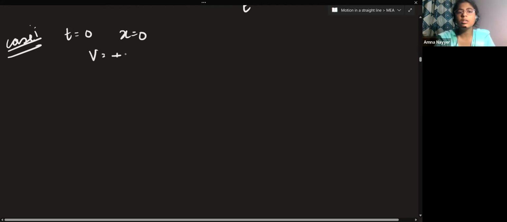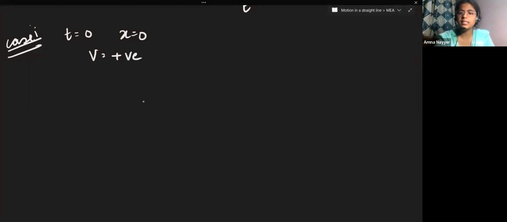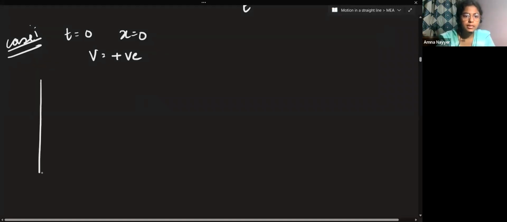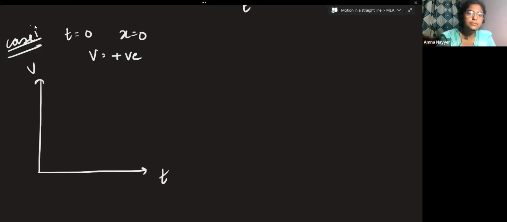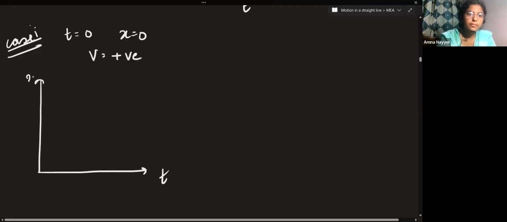Let's say velocity is positive. One case, let's choose this. So what will happen? If this is the graph, t versus v. Not v, sorry. T versus x. So what will be the nature of the graph? It will start from the origin.